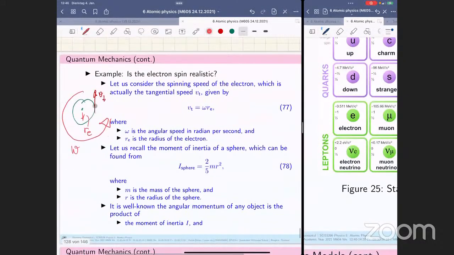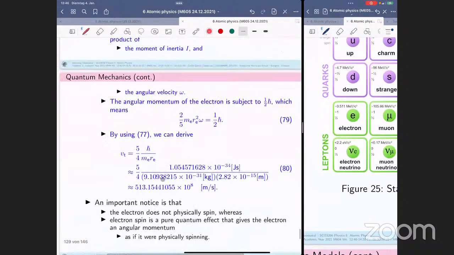Okay, if you were very, very small and you stood on the surface of the electron, you would feel the speed that tries to move you. It's 5/4 times h-bar over m_e r_e. You substitute everything: h-bar is the Planck constant divided by 2π, the angular version.